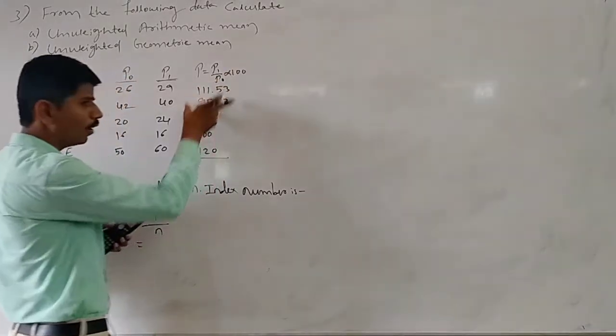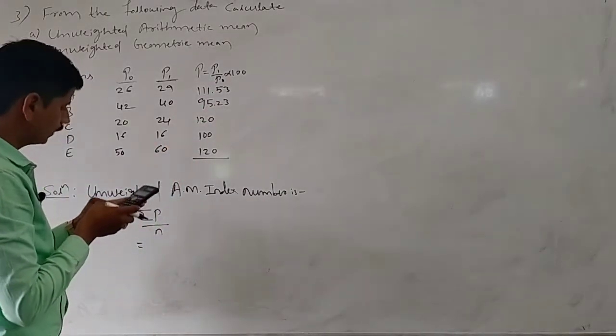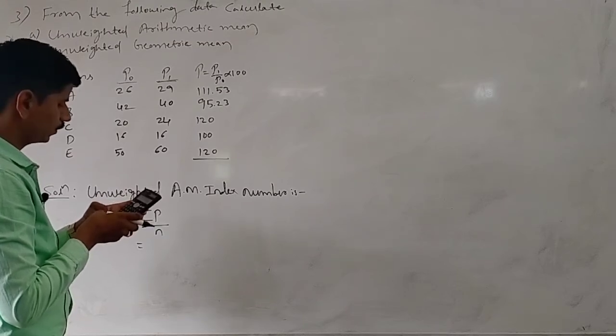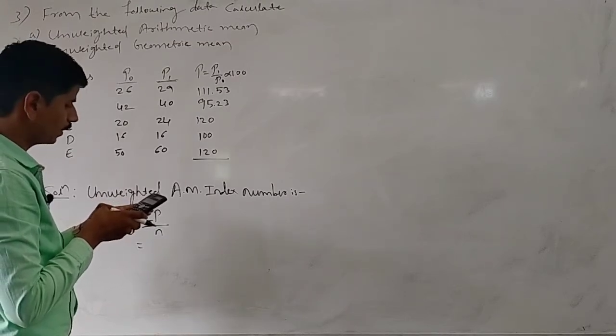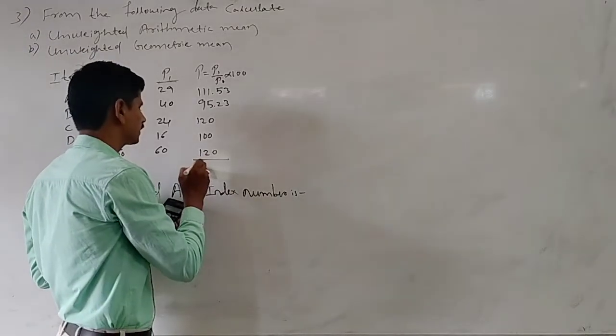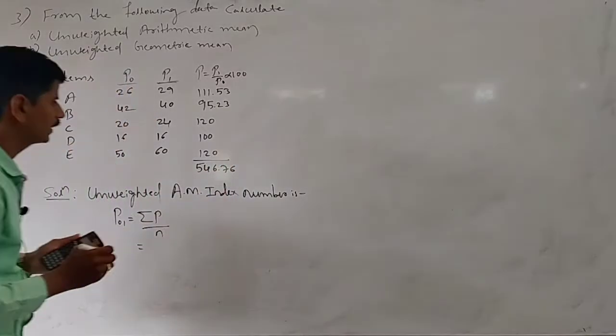You have to add all these values. If you want sum of P, you have to add all these values: 120 plus 100 plus 120 plus 95.23 plus 111.53. Then we get 546.76. Sum of P is 546.76.